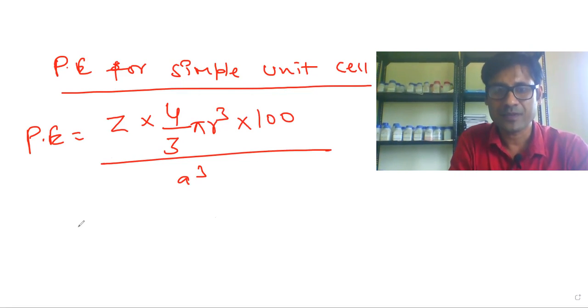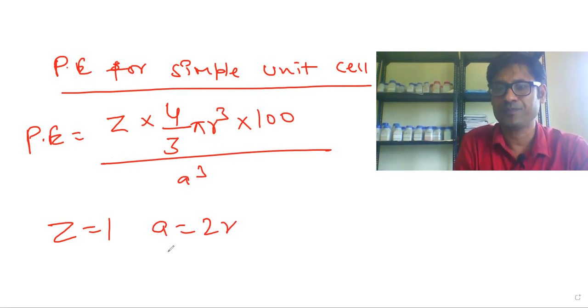And we know that z is equal to 1 for simple unit cell and a is equal to 2r, and the value of pi is 3.14.